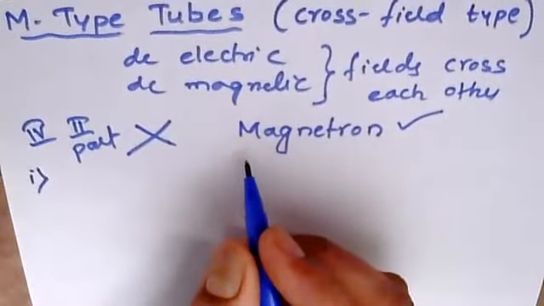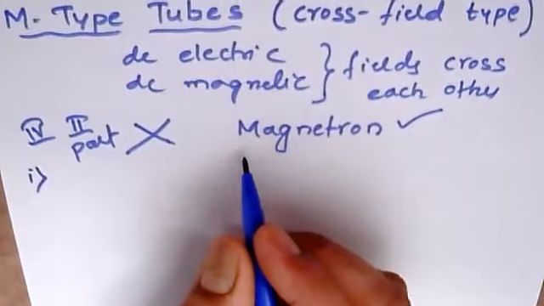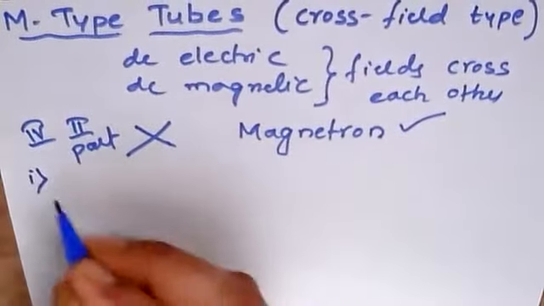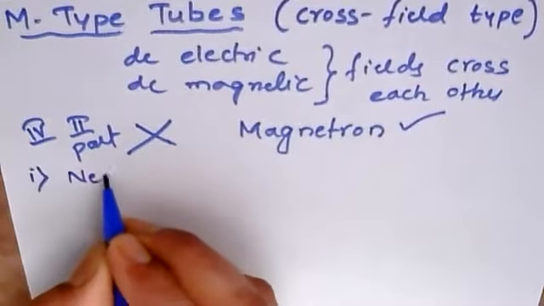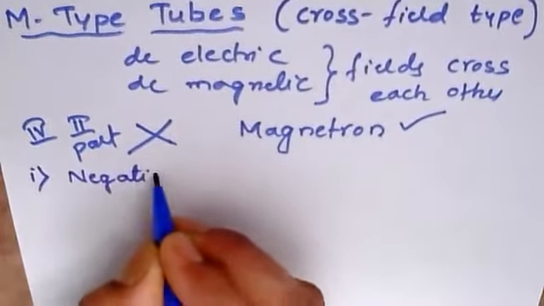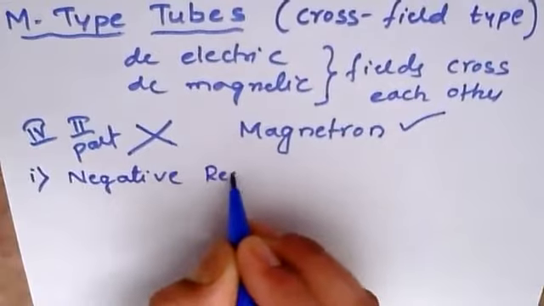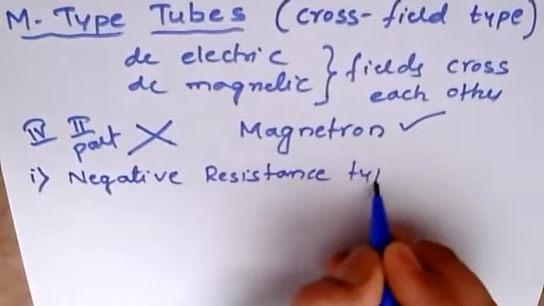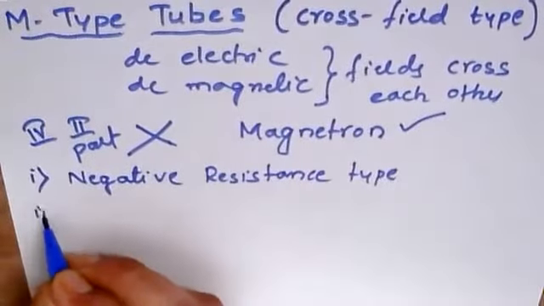Normally, crossed field type of tubes are divided into three different classifications. The first category is the negative resistance type crossed field device.